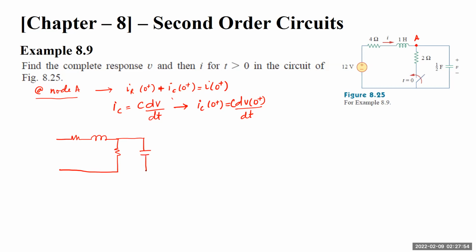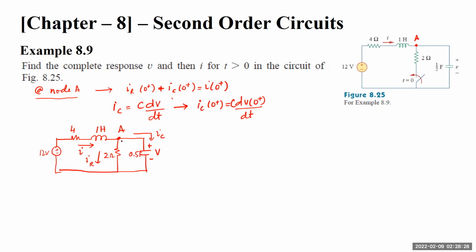This is the voltage. This is our capacitor of 0.5 farad, this is 2 ohms, this is 4 ohms, and this is 1 Henry. This is I, this is IR, and this is IC. We know that the capacitor voltage does not change instantaneously.